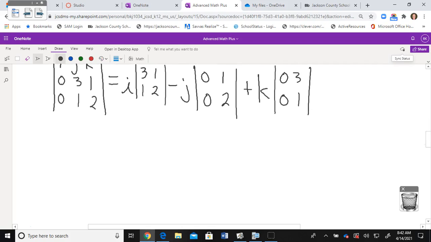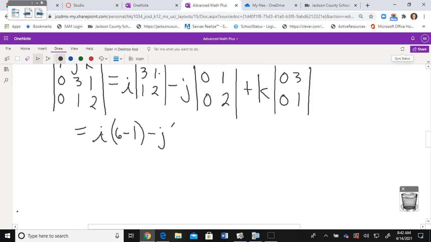Okay? Do y'all remember how to find the determinant in there? Let me remind you. So we're going to have I cross multiplying. 3 times 2 is what? 6, minus 1 times 1 is 1. The thing you got to remember is you're cross multiplying and subtracting. 3 times 2 minus 1 times 1, every time. Okay?